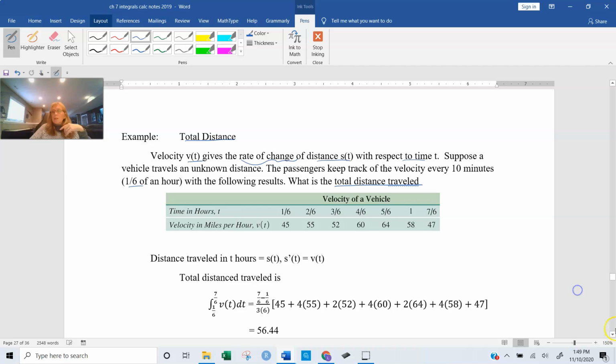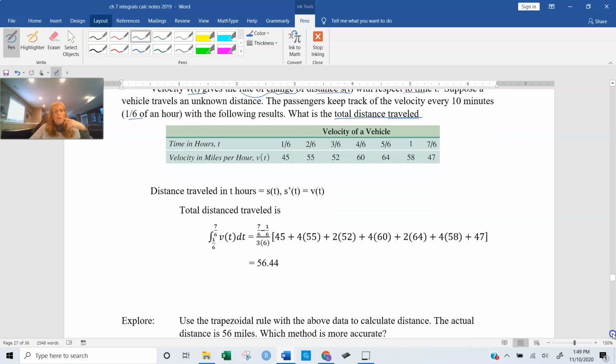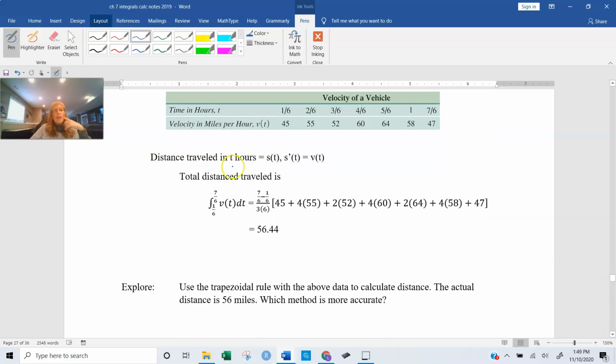All right, let's look at our formulas here. We know the distance traveled in t hours, s of t. So that means the derivative of distance traveled is our velocity. So to find the total distance traveled, we take the integral from 1/6 to 7/6, so our 10 minutes to our 1 hour and 10 minutes, of v of t dt.